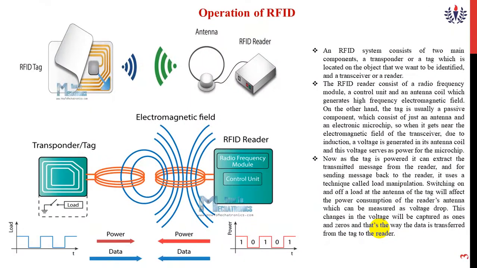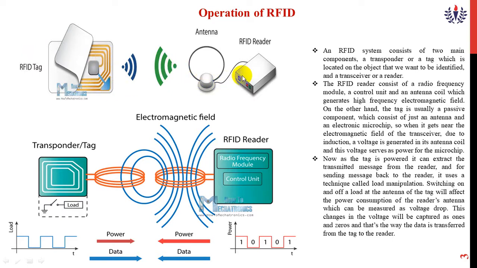Now, the main operation of RFID. Generally, RFID consists of two components. One is the RFID tag, which is nothing but a transponder, located on the object that we want to identify and transfer to a reader.